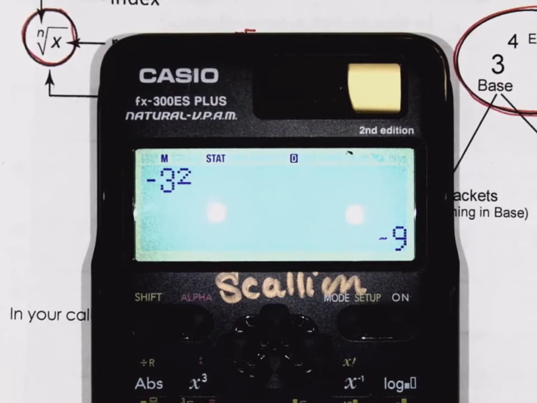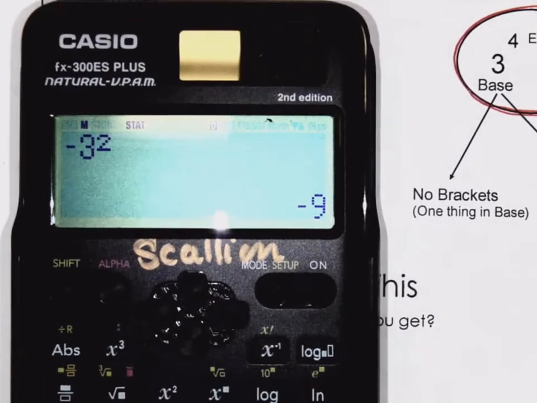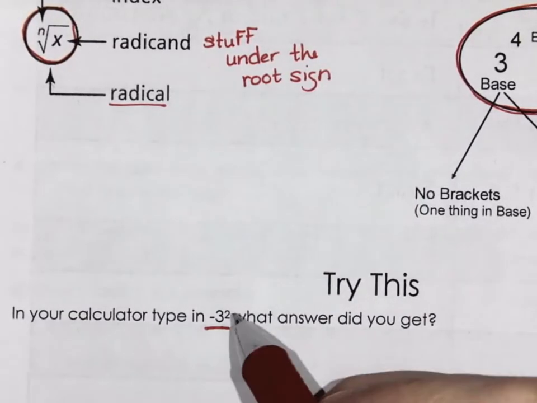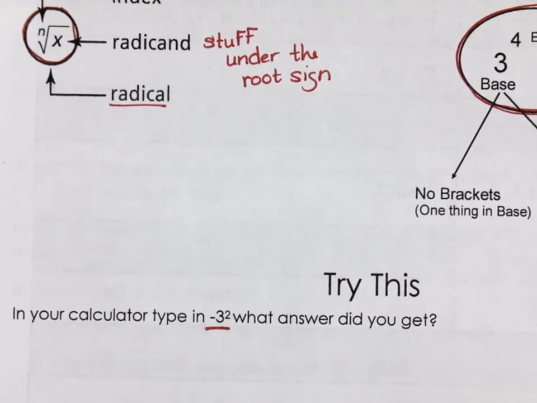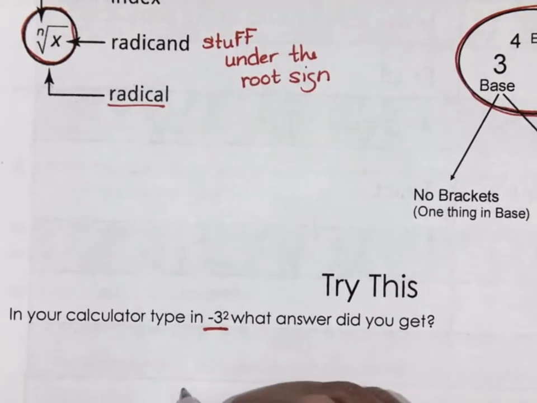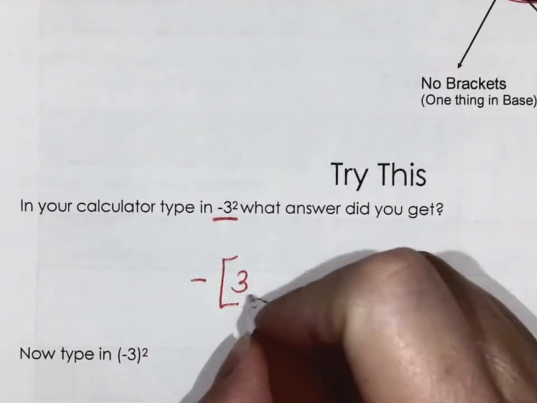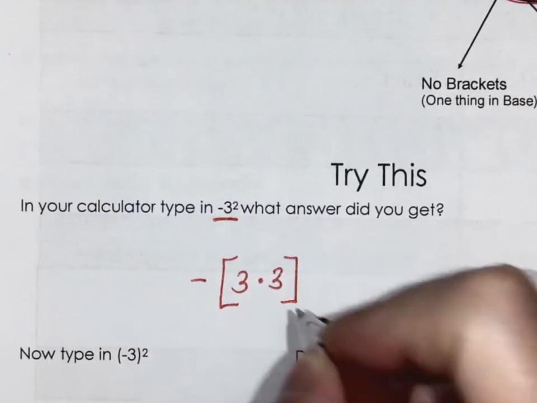Okay, so what this does is this should give you a -9 for an answer. And the reason why is because there's no brackets around the -3. So what your calculator thinks is, hey, I'm going to leave that negative out there, and I'm going to take 3 and times it by 3.